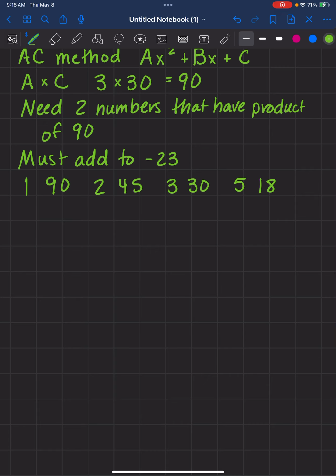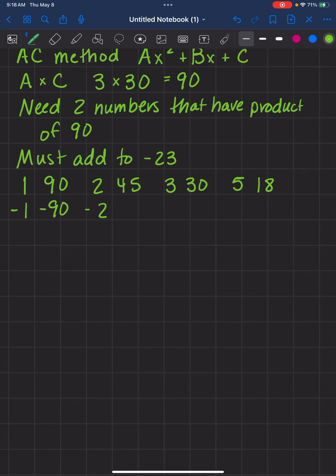And of course, all the negative versions also work, because if it has to have a product of 90, it can just be negative 1, negative 90, negative 2, negative 45, negative 3, negative 30, negative 5, negative 18. So now we need to find the pairs that add to negative 23.